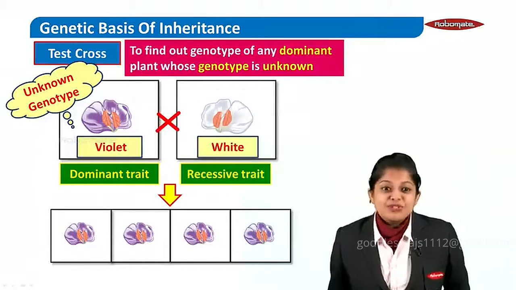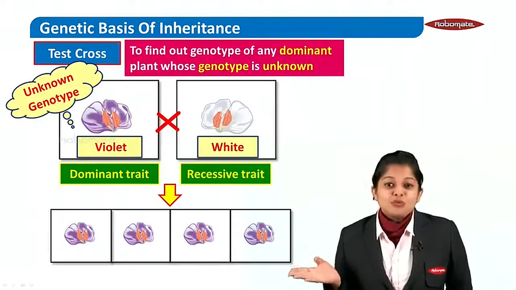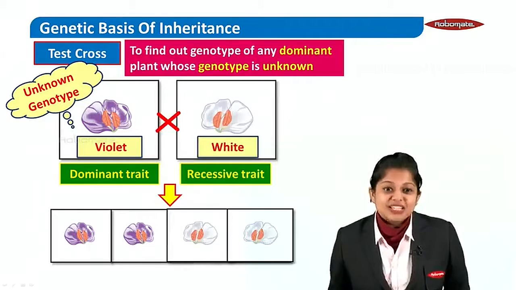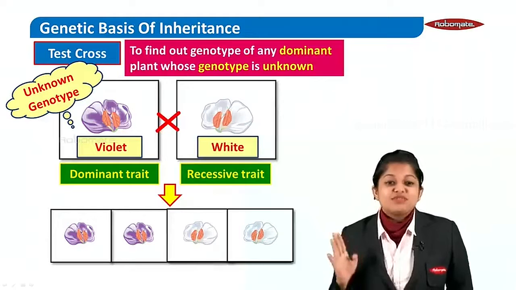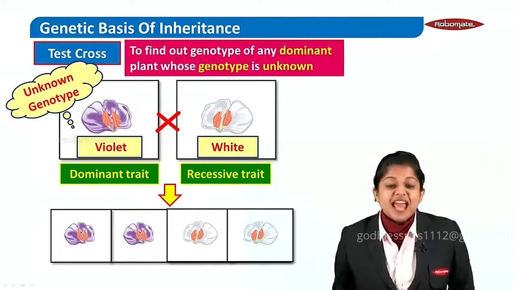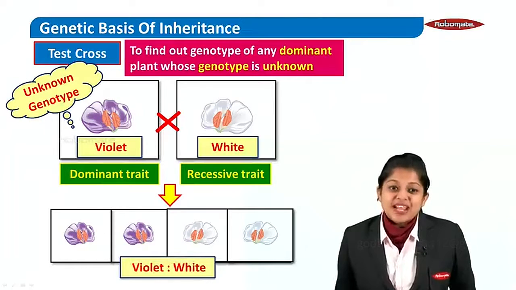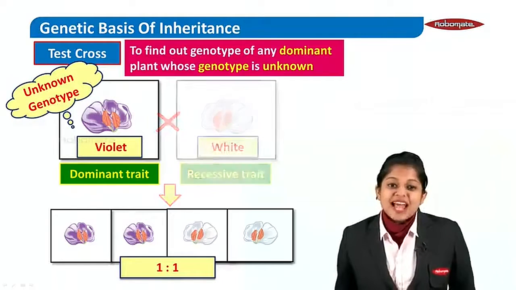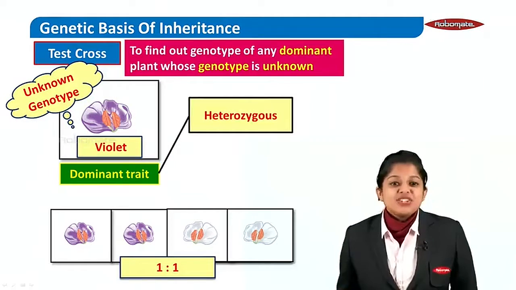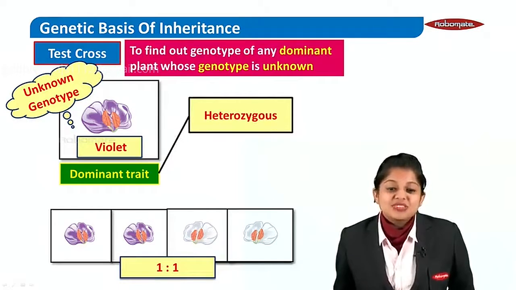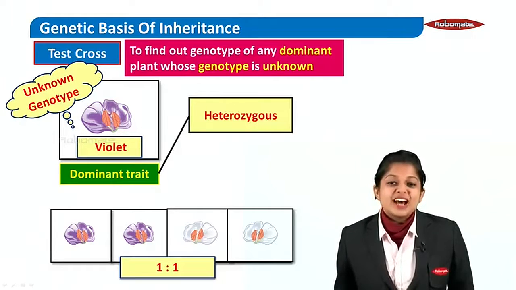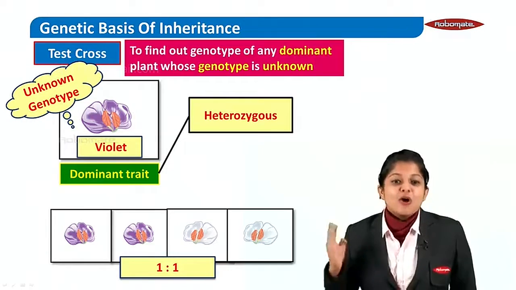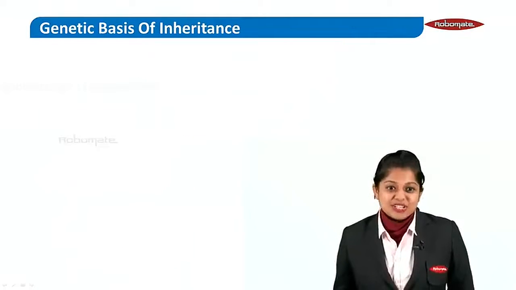But if, when I cross the dominant trait with a recessive trait, the progeny that I get is 50% dominant violet flower and 50% recessive white flower, that is violet and white in the ratio 1:1, then in that case I can say that the dominant trait used here was a heterozygous dominant trait. So students, now you know how test cross can be useful in understanding the unknown genotype of a homozygous or a heterozygous dominant trait.